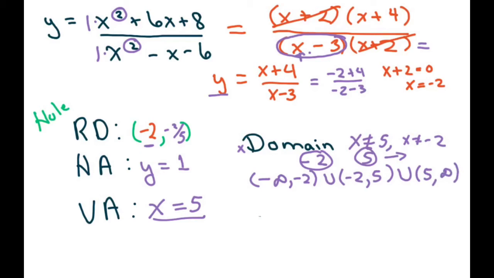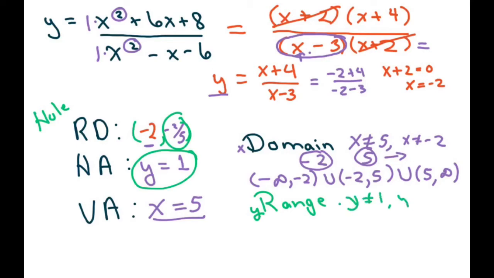Okay, the same thing's going to happen for the range. Our range is our y, and so we have a y here at 1. We also have a y here at negative 2/5. So technically, y cannot be 1, and y cannot be negative 2 over 5.